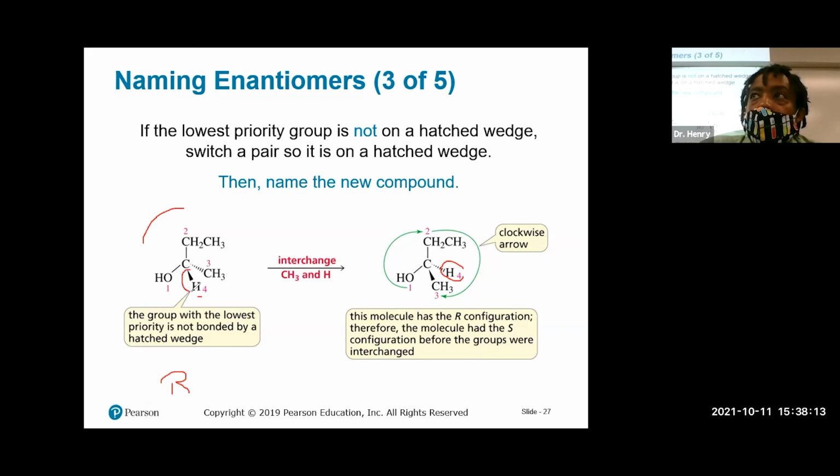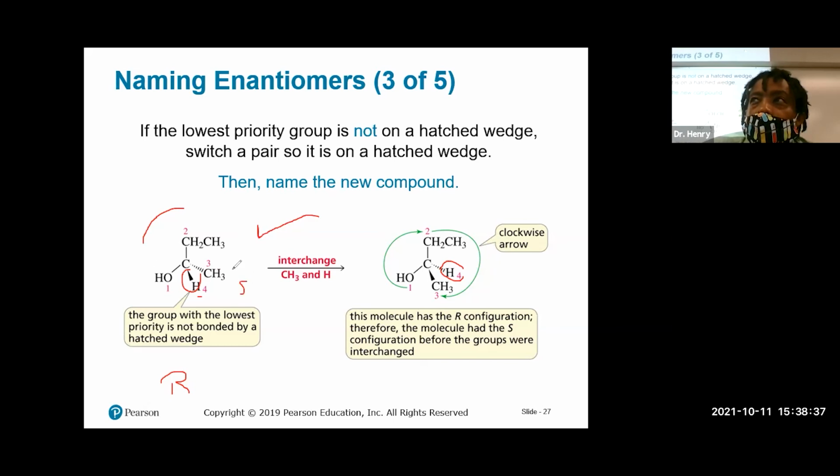That's the solid one. The dash, that's the dash. The hatch wedge is the solid one. So this molecule has an R. Therefore this guy would be the S version.